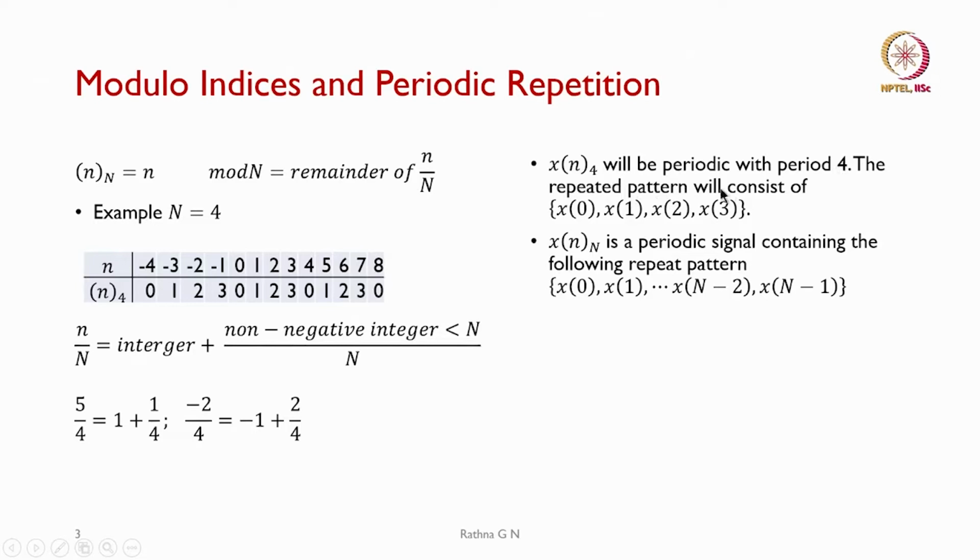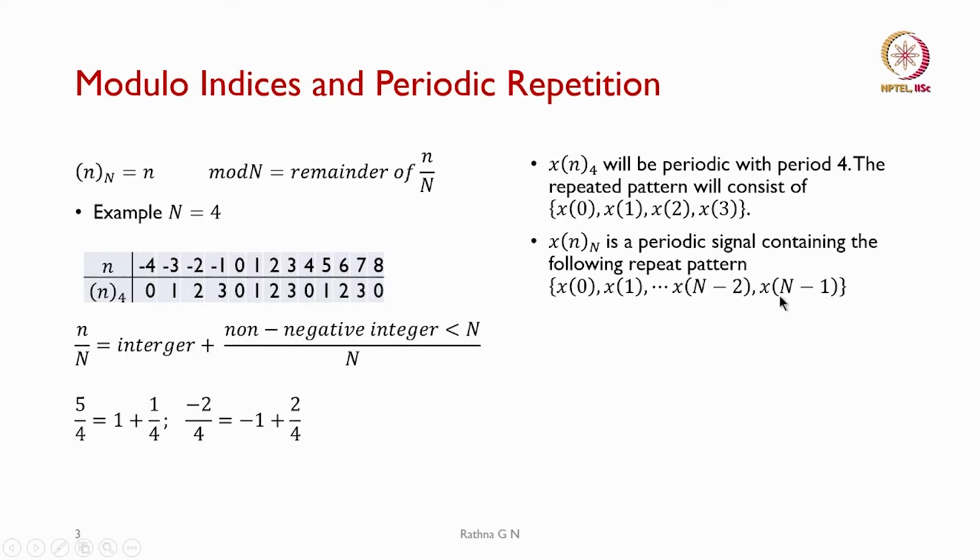The repeated pattern will consist of x of 0, x of 1, x of 2 and then x of 3, and the length is N. Then we say that the repetition is going to happen after N minus 1 samples.